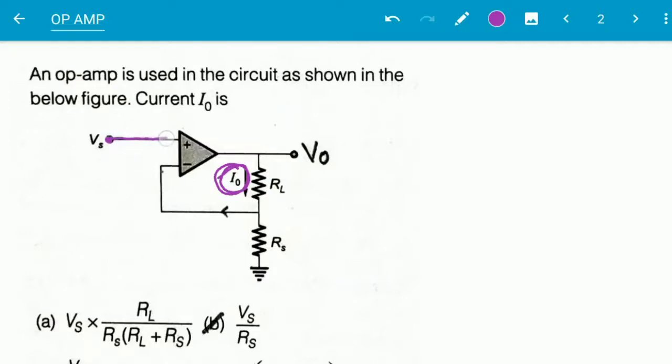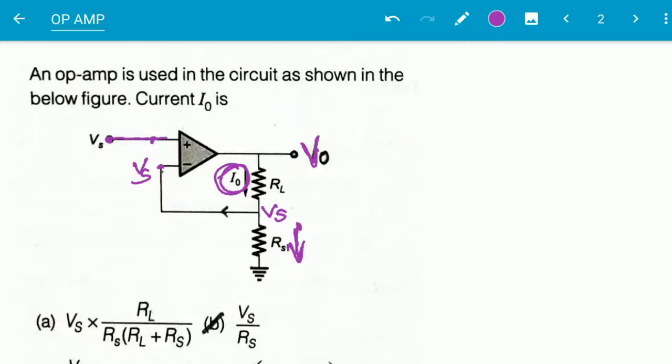As I have told, this voltage will be equal to this voltage, so this will also be Vs, and as this is Vs, this is also Vs. So what will the current I0 be? Here is V0, here is V0 and here is Vs.